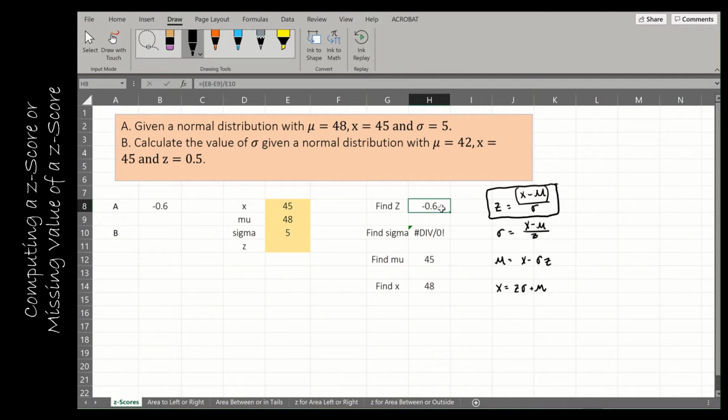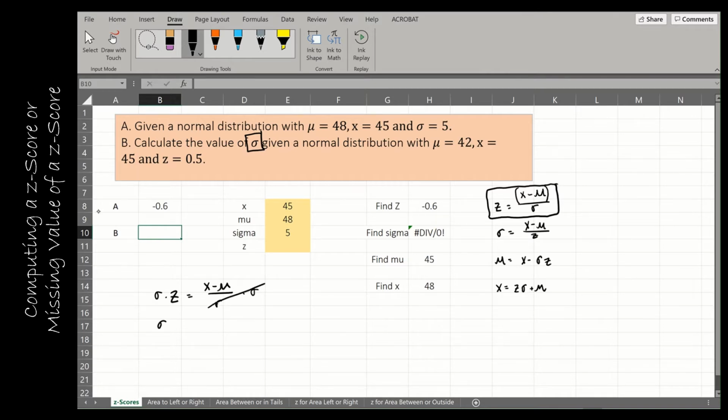So again, what if I have to do a question like B? First let's talk about how we would find B. If I have that Z is equal to x minus mu divided by sigma, and I need to find sigma, then I'm going to first take each side times sigma because I don't like sigma to be a denominator.